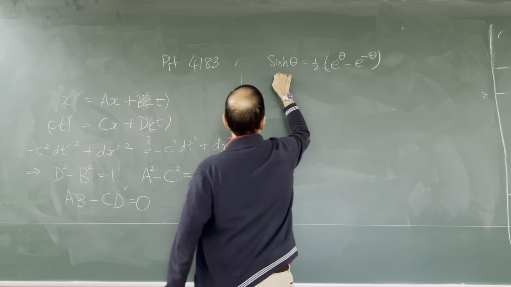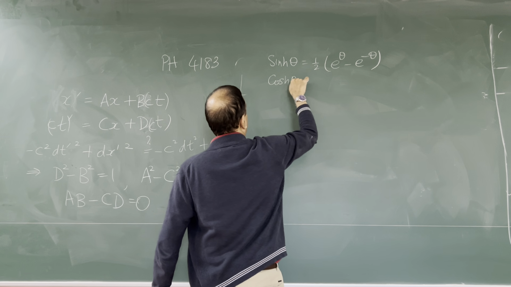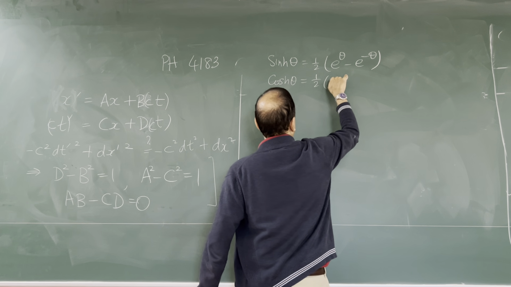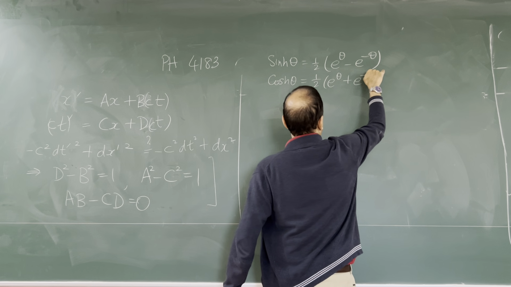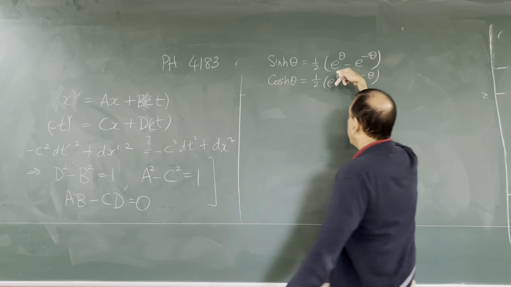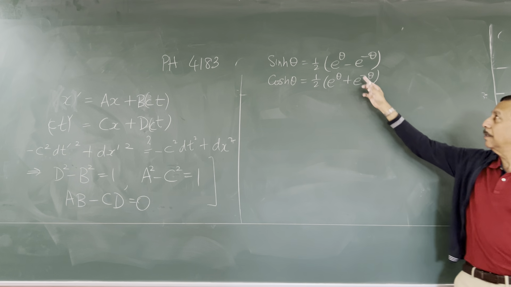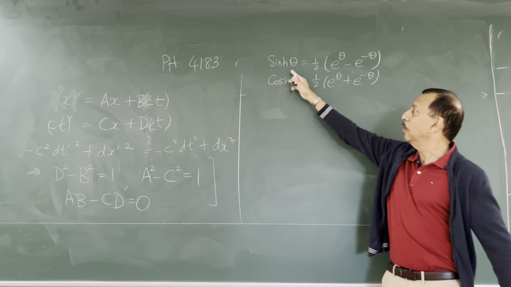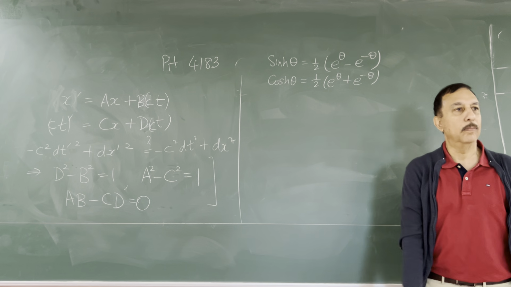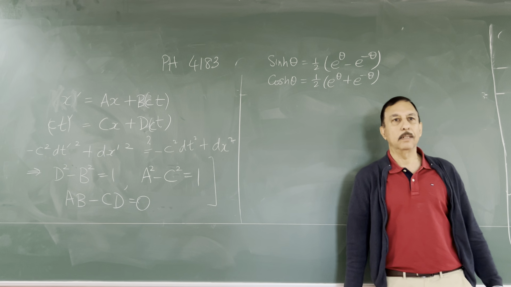I'm sure you know the exponential function anyway. And cos hyperbolic of theta is half the sum. It's nothing but the relation between sine and cos and exponential, except the i is not there, and so you get sine hyperbolic and cos hyperbolic, or sinh and cosh as they're sometimes called.